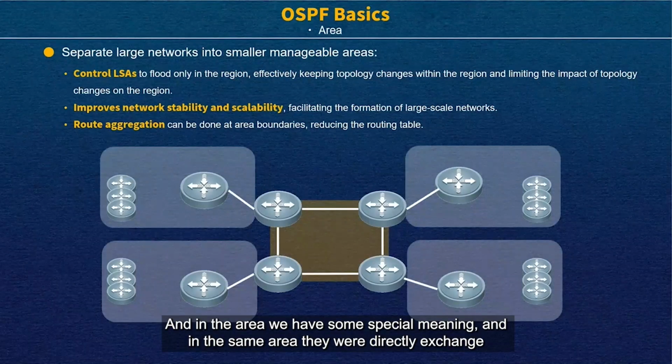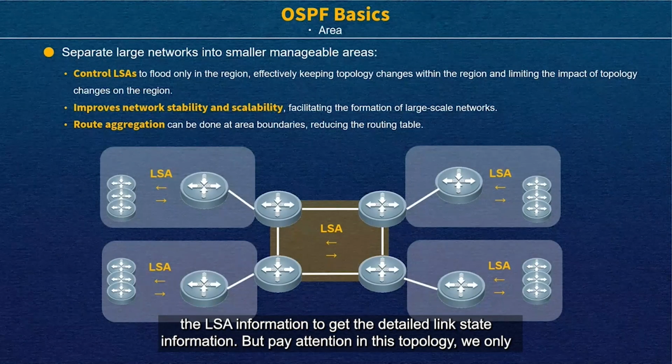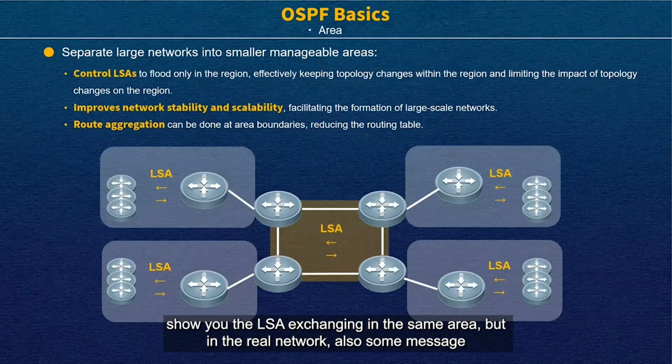And the area has some special meaning. In the same area, the routers directly exchange information with each other, and they exchange the LSA information to get the detailed link status information. But pay attention, in this topology we only show you the LSA exchange in the same area.